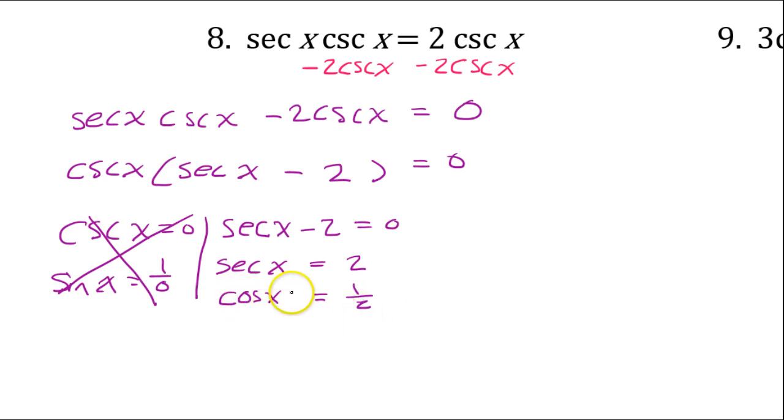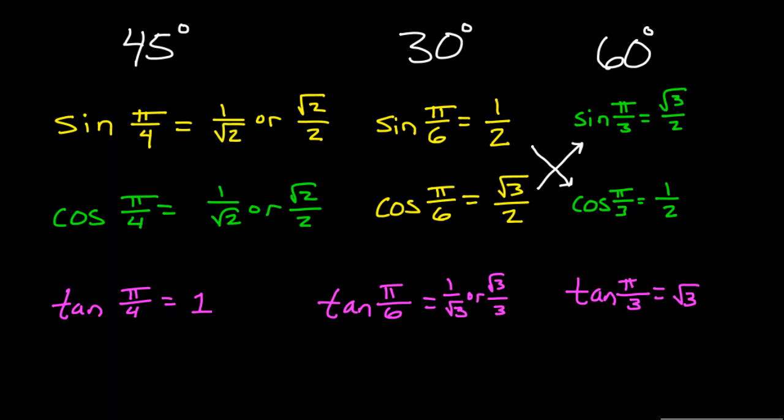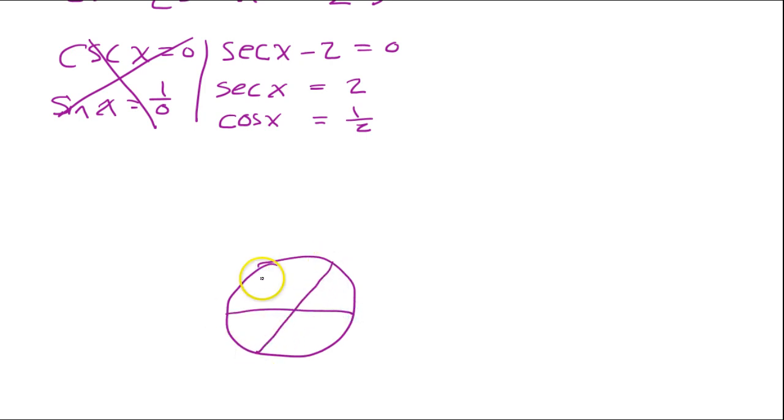So cosine of what angle is equal to 1/2? You should have memorized that that is pi over 3. That tells me that pi over 3 is my reference angle. So I'm just going to draw a quick picture of pi over 3, which looks like this. These are pi over 3's. Now there are 4 angles that have a reference angle of pi over 3.